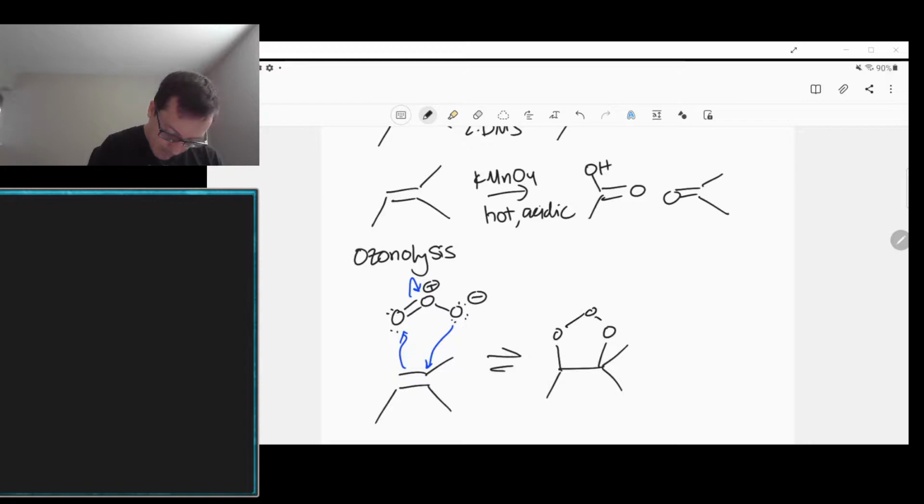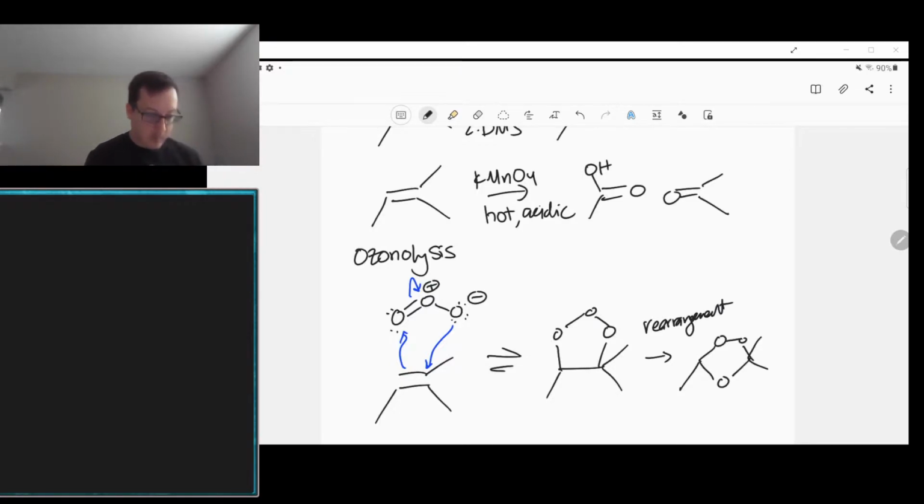We've got basically now three oxygens and our two carbons in a five-membered ring. And we're going to do a kind of rearrangement there, which ends up leading us to having the following. So there's just a rearrangement that happens. You end up technically breaking one of these oxygen-oxygen bonds.